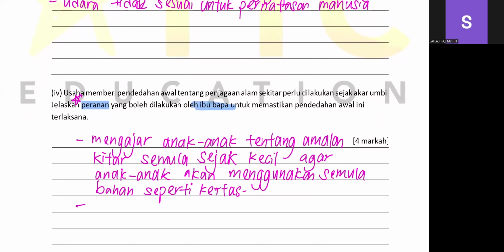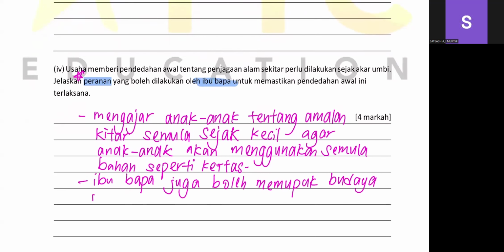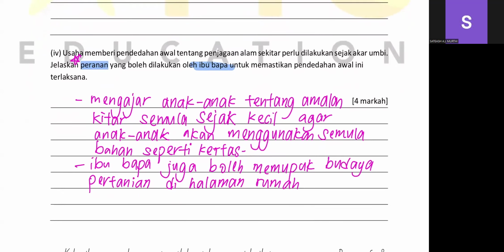So we can say ibu bapa juga boleh memupuk budaya pertanian di halaman rumah, housing area, dengan mewujudkan taman mini.